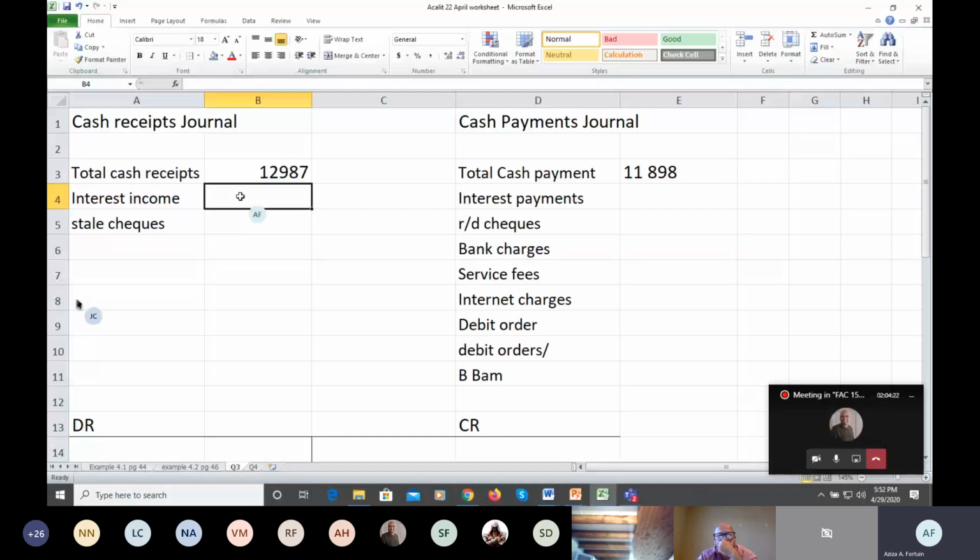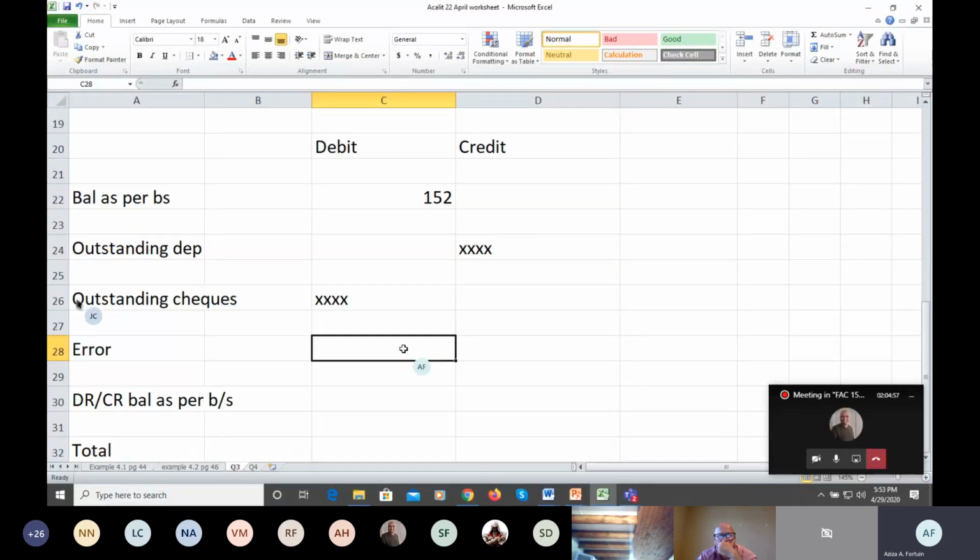A deposit to the amount of 263 meant for Mahala was recorded in the bank statement of Malaba in error. So that was an error which will go to your bank recon. So we're going to debit 263 in my bank recon.